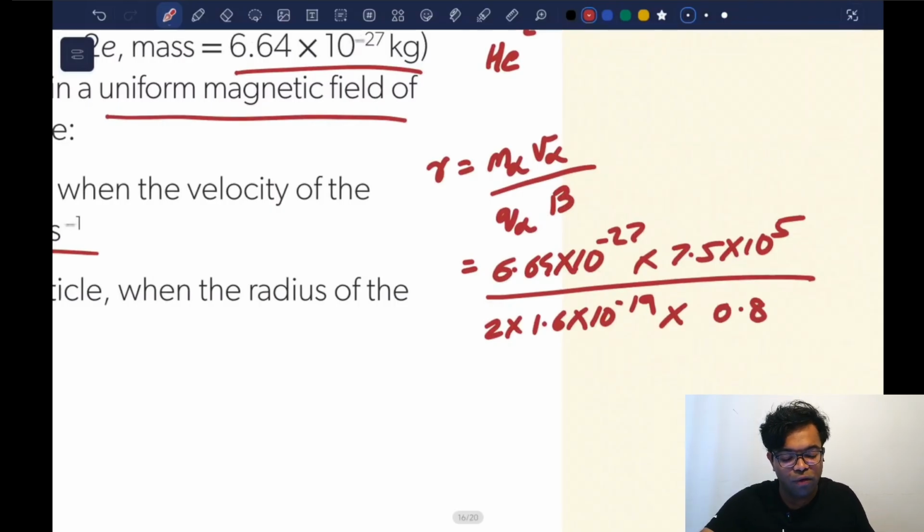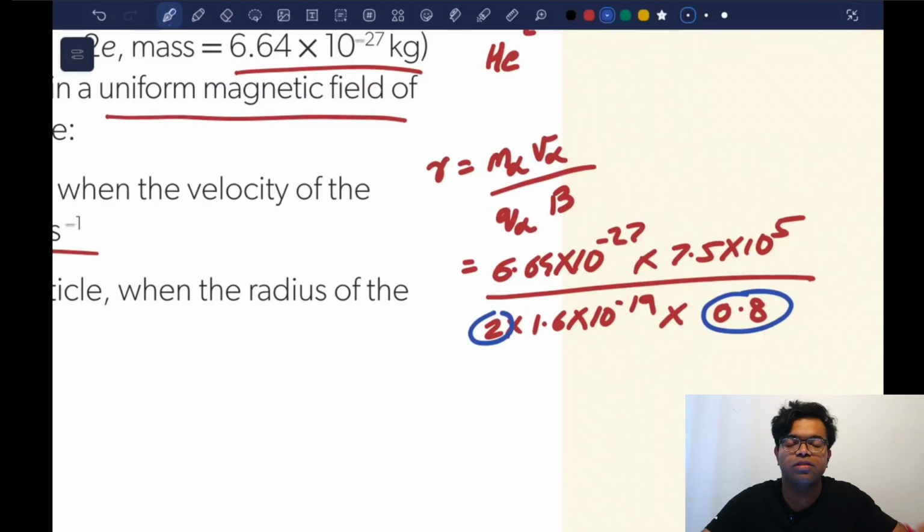Okay, so if we solve this, let me just make a guess. Akshay, 0.8 multiplied by 2 is how much? 1.6. Okay, now 1.6 into 6.64 is how much?